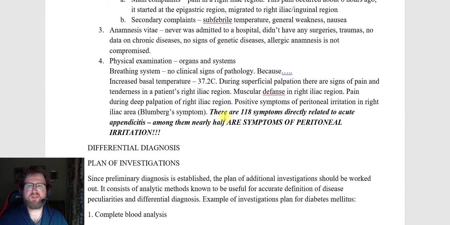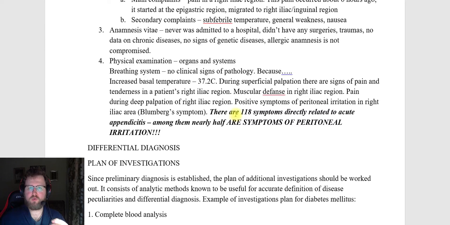So we've discussed only one very specific and very pathognomonic symptom which occurs in a very large number of patients, but one is not enough.